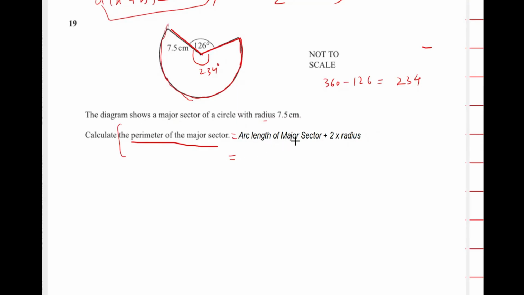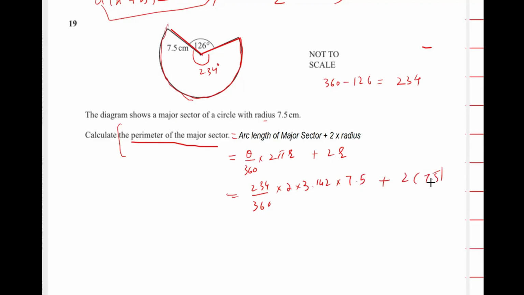The formula is theta over 360 multiply 2 pi r plus 2r.